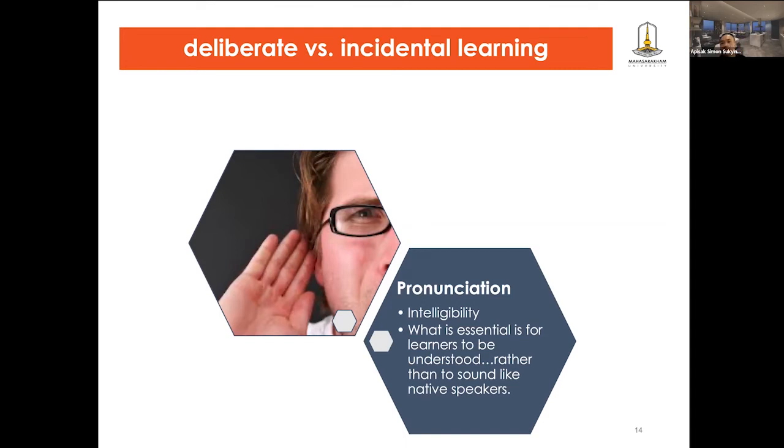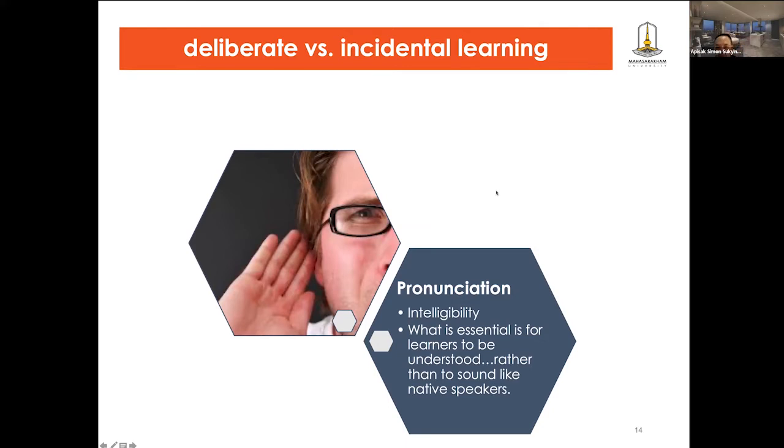For pronunciation, we also have an electronic device that the students can use to check how to pronounce some words, which the textbook provides us.